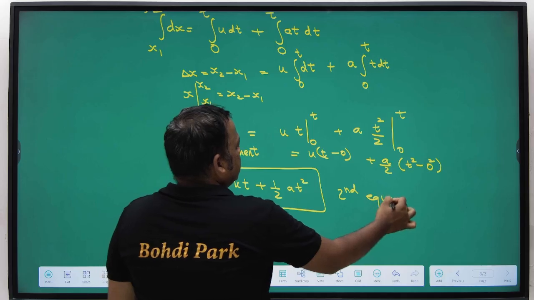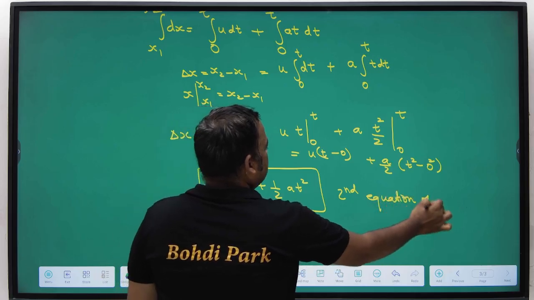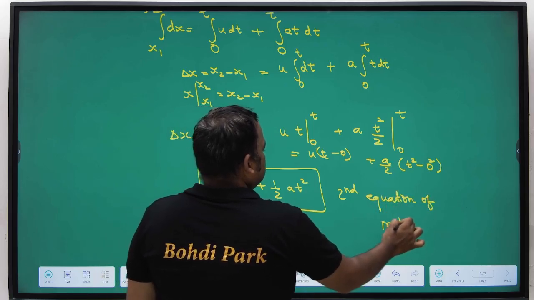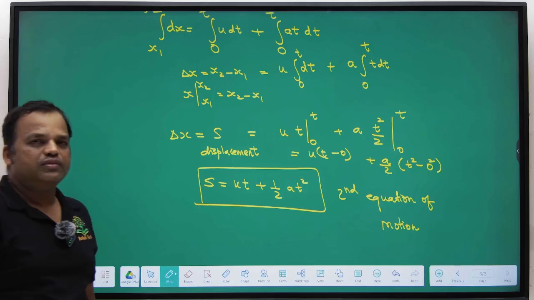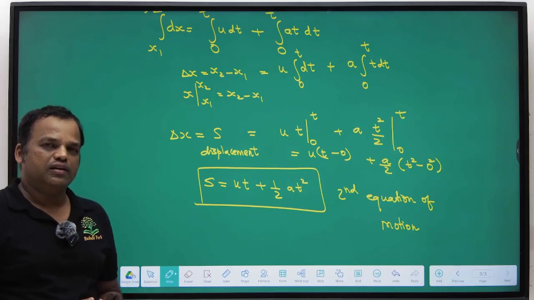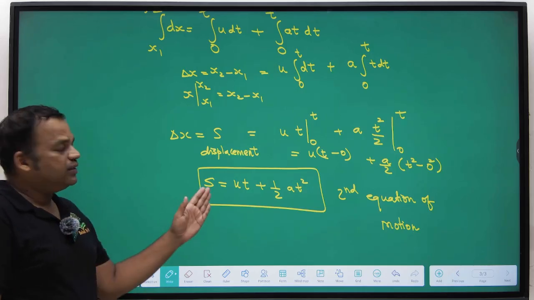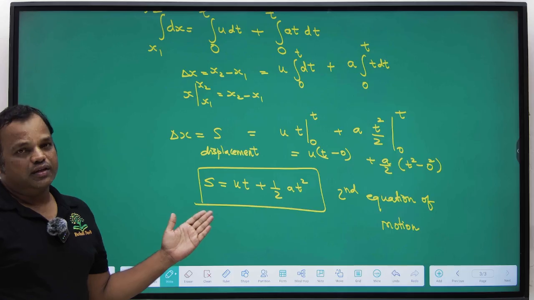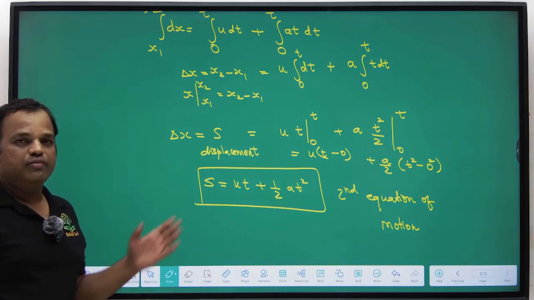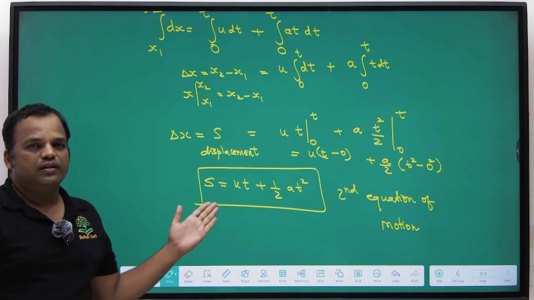Second equation of motion using integration. We can derive this using area under graph also, because we know that displacement is equal to area under velocity time graph. So let's derive this equation using area under graph.